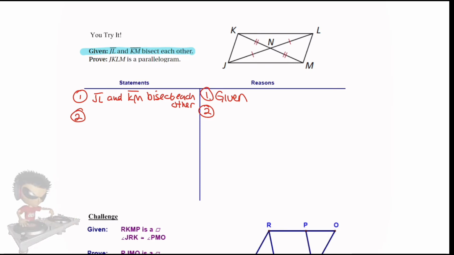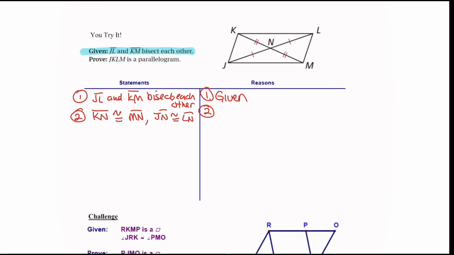So the fact that KN is congruent to MN, as well as JN is congruent to LN. What we can say here is, by definition of bisection, since we use that word up here, we're just stating that by definition of bisection, this is the conclusion we can draw.